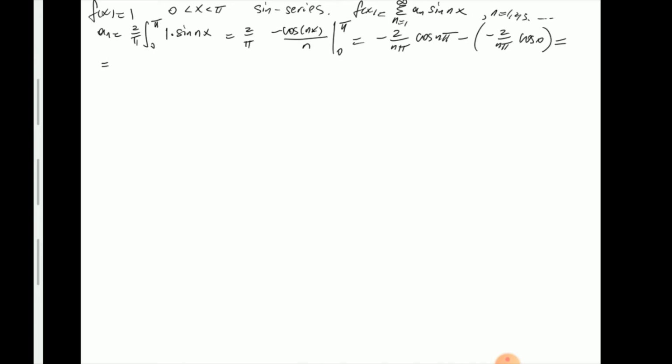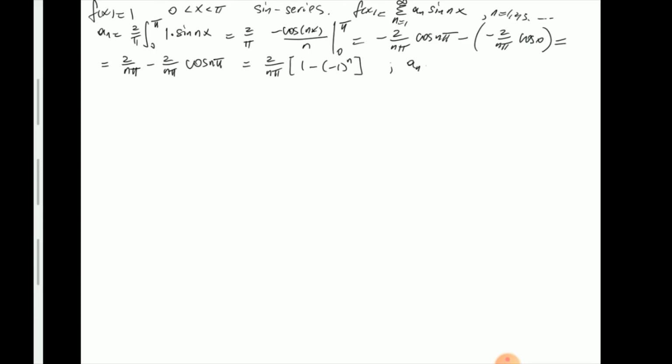So we have 2 over n pi, because cosine of 0 is 1, minus 2 over n pi cosine of n pi. Now remember from the previous example that cosine of n pi can be written as minus 1 to the n.